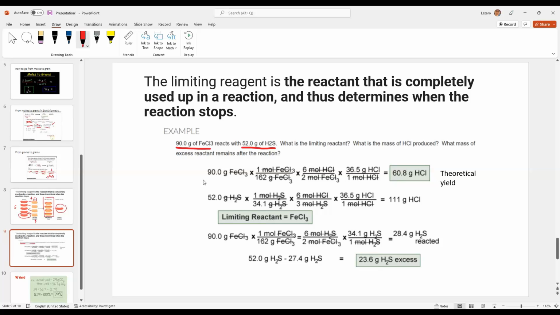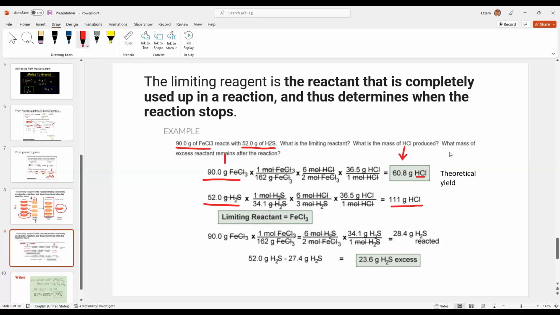Then you begin doing the calculation of the grams from the grams of iron 3 chloride, and you get the number of grams of hydrochloric acid that you can produce, as I showed you before. This is a calculation from grams to grams. And the same thing, you use the mass of hydrogen sulfide, and you can calculate the grams of hydrochloric acid that you can produce from this amount.